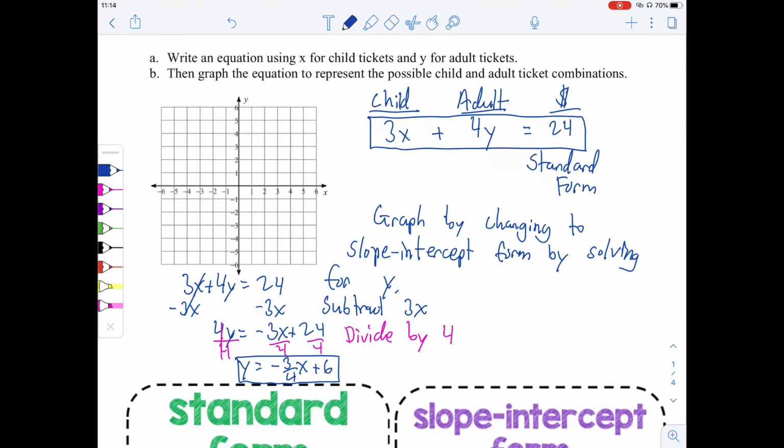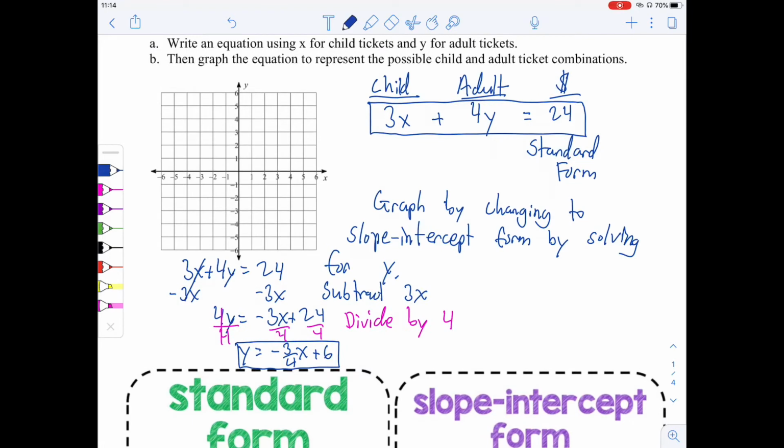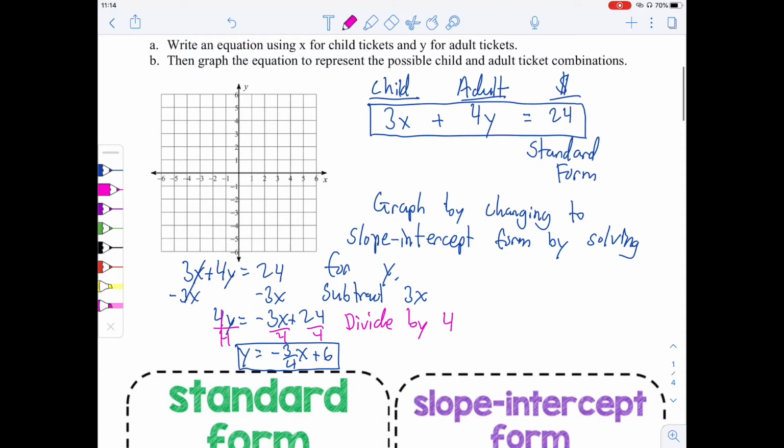From here we can tell what our slope is and what our y-intercept is. We can tell that this is our y-intercept, this one is our slope, our m.